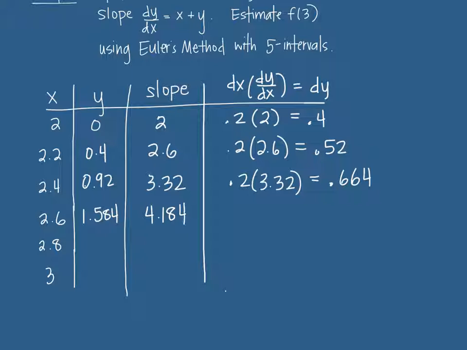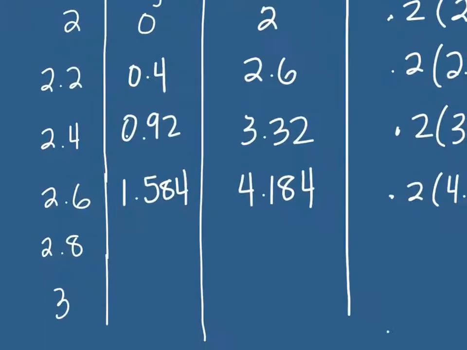4.184. So 0.2 times 4.184 is 0.8368. You add that to the y, and you get 2.4208.